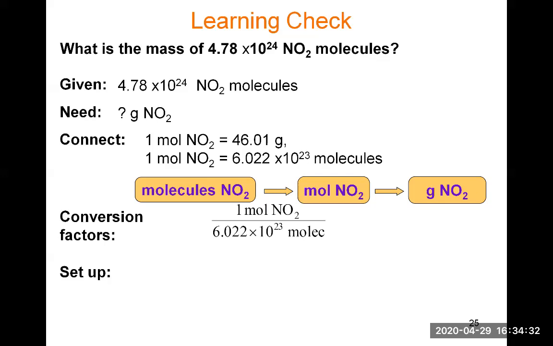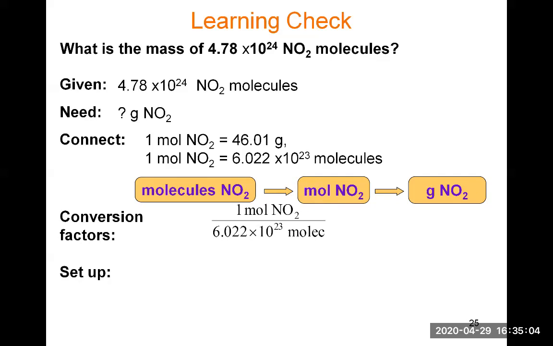Notice here how, for molecules, you cannot write just MOL or MOLE as an abbreviation, because that is the abbreviation for mole. If you have molecules and you don't want to write the whole word, you have to go all the way to the C to show that it's molecules and not moles.